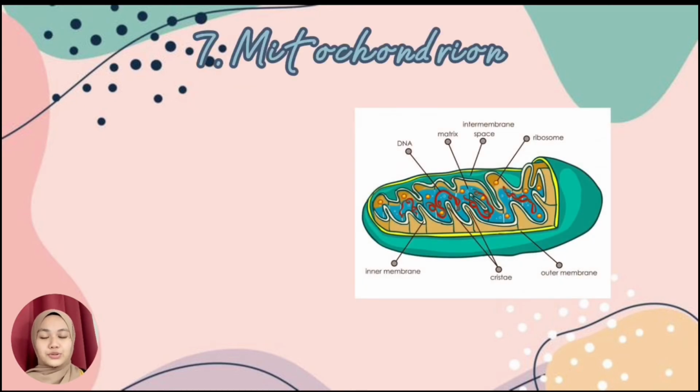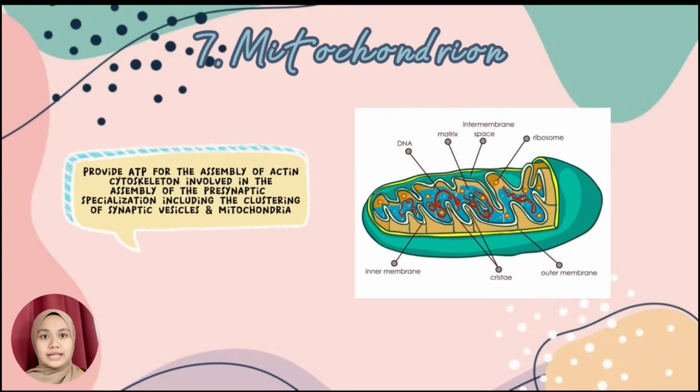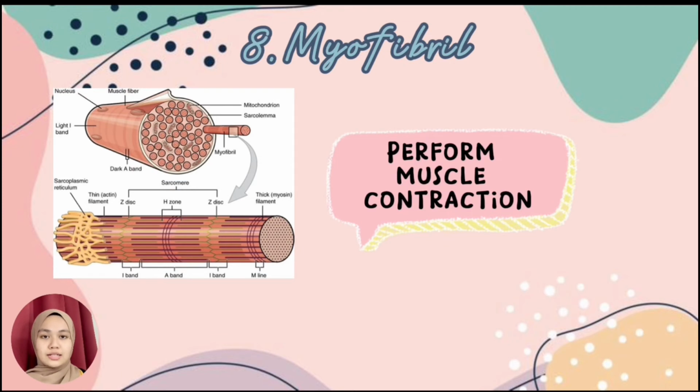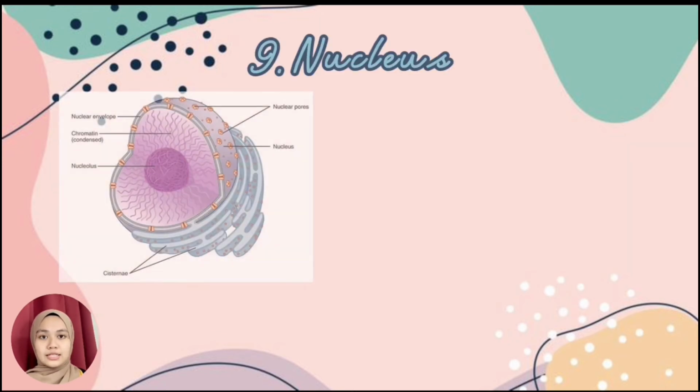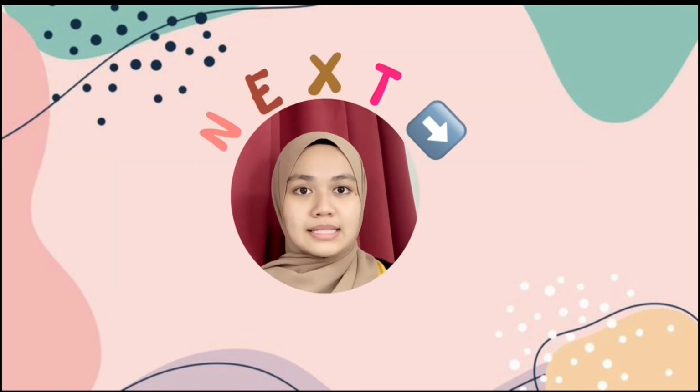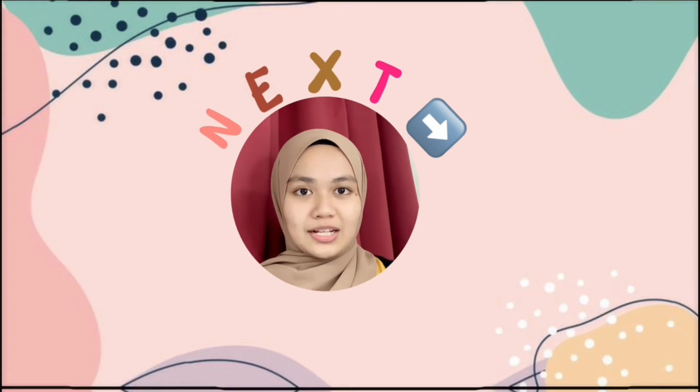In this neuromuscular junction, it provides ATP for the assembly of actin cytoskeleton involved in the assembly of the presynaptic specialization, including the clustering of synaptic vesicles and mitochondria themselves. Number 8, we have myofibril, which performs muscle contraction. And the last one, we have nucleus. As we know, the nucleus controls and regulates the activities of the cell. Now I will pass the presentation to Hilman.